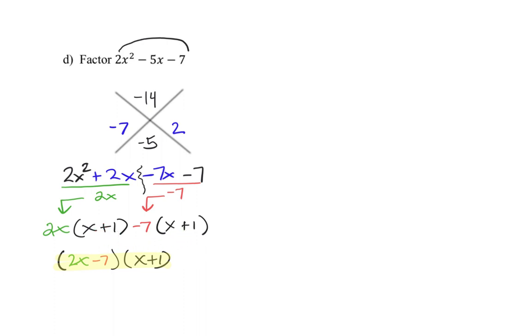So originally, when I wrote the problem, I did 2x squared minus 7x plus 2x and then minus 7. If we divide it into two groups, the only thing that these two numbers have in common is an x. So we're going to divide an x out of that first one.